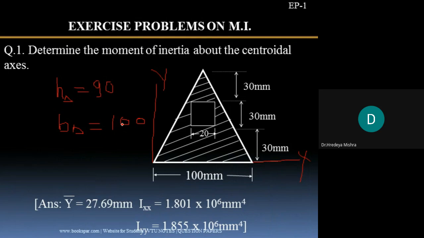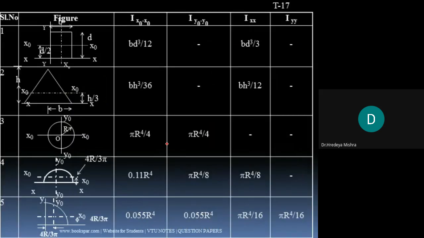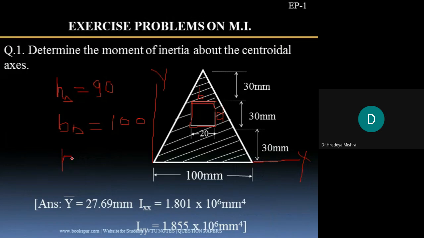We have to remove this area, and we can say this is B and this is D. The formula is B D cubed divided by 3. So what is the value?